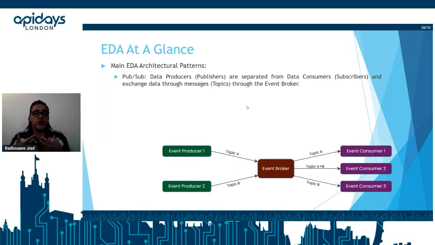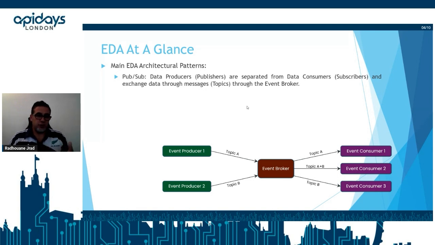And there are effectively 2 main patterns from that perspective. One is the pub/sub. I guess most people who work with EDA know what the pub/sub is. As I stated in the previous slide, you have the event producer and you have the event consumers. They're not talking to each other, but they are talking to the event broker, where the messages are put into buckets, what we call topics.